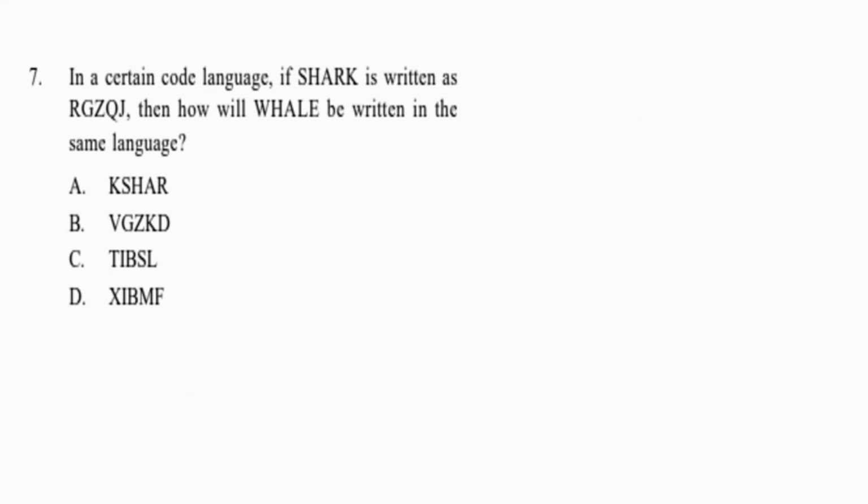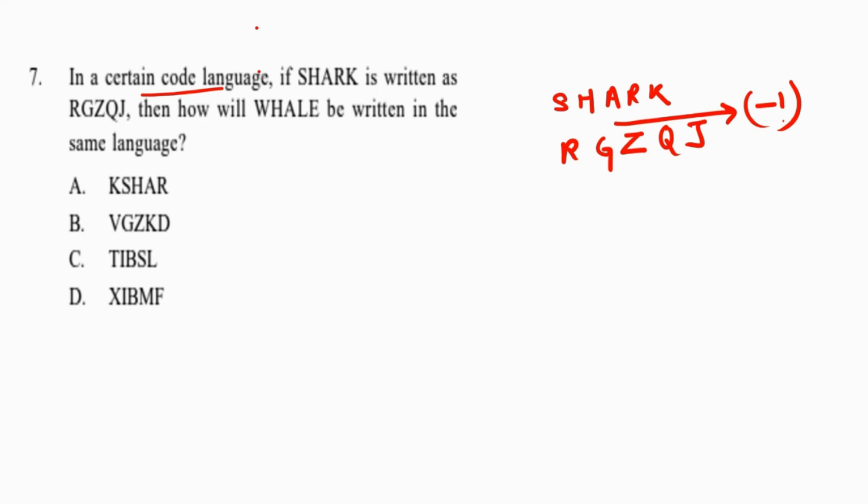Moving on to the next question. This is a question from coding decoding topic. In a certain code language, shark is coded as RGZQJ. If we follow the pattern, all the alphabets have been shifted one back in reverse order. We are doing -1.